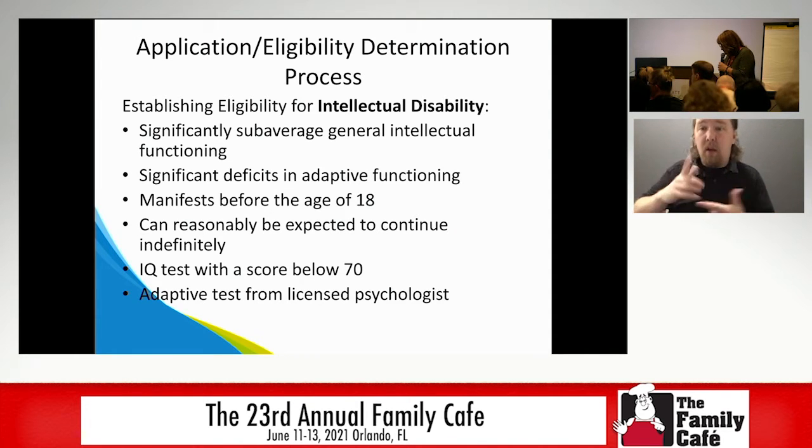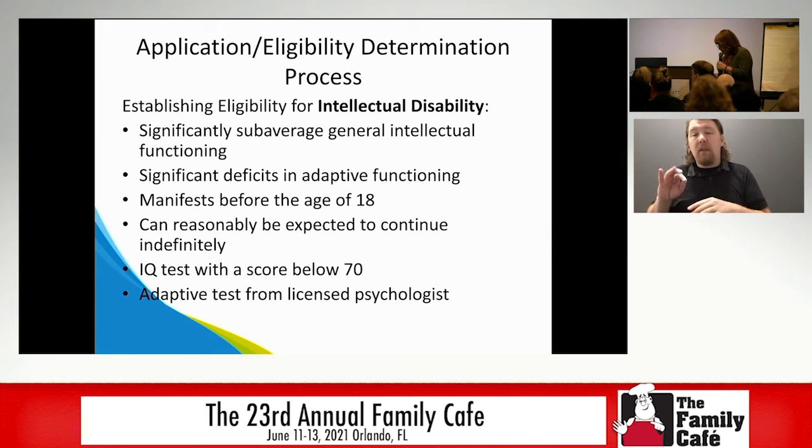This is evidenced by IQ scores of 70 or below, along with severe deficits in adaptive functioning as measured on standardized tests. Intellectual disabilities are determined by licensed psychologists.